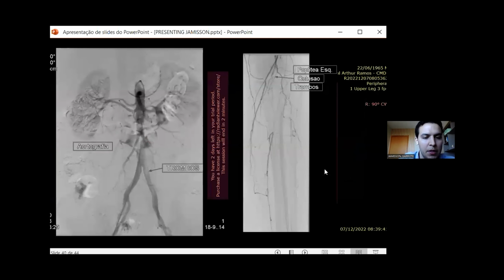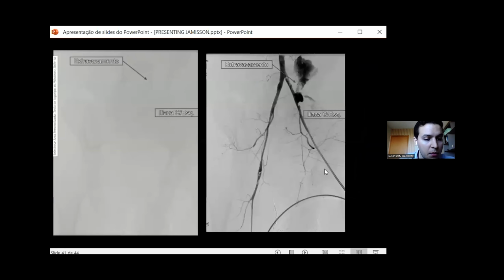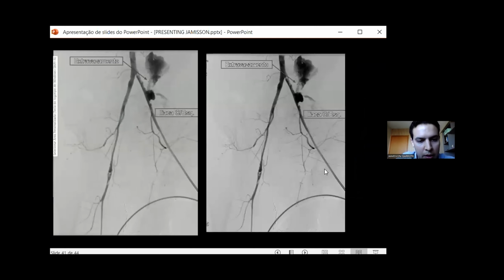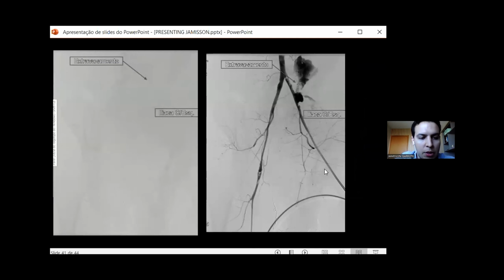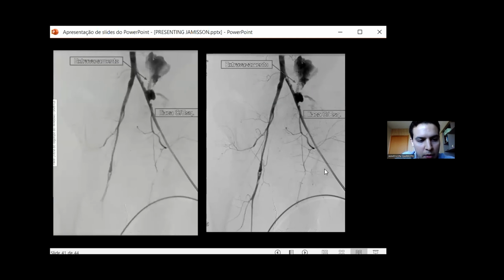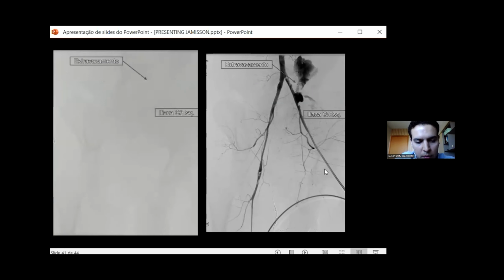But that patient was compensated. Even so, angioplasty was performed, with, as you can see, an important injury of the left common iliac artery, causing important bleeding.